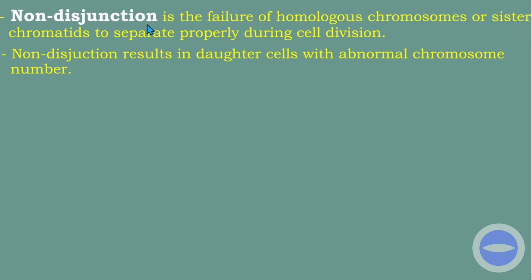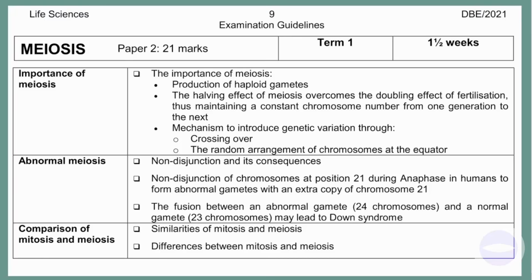If they fail to separate, that process is called non-disjunction. The consequence of non-disjunction is daughter cells with an abnormal number of chromosomes. So if the separation does not take place, we will end up with a cell with an abnormal number of chromosomes. So it's another thing that we must know.